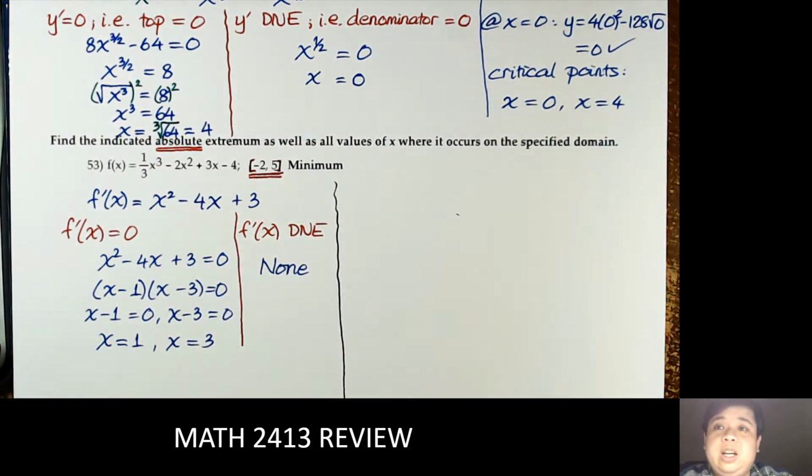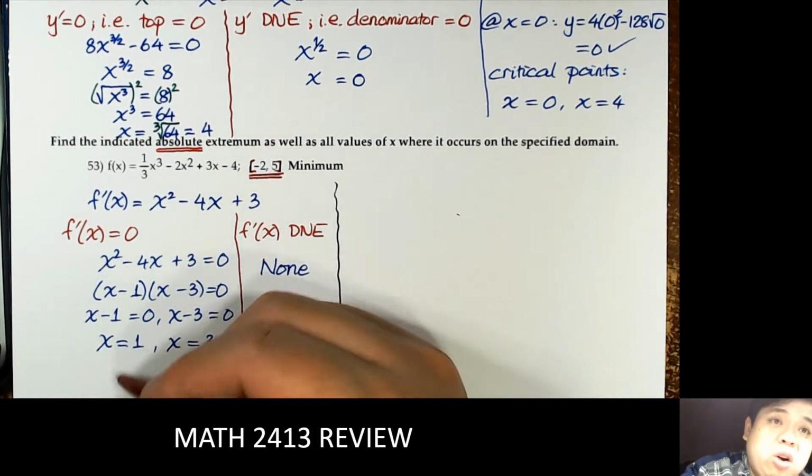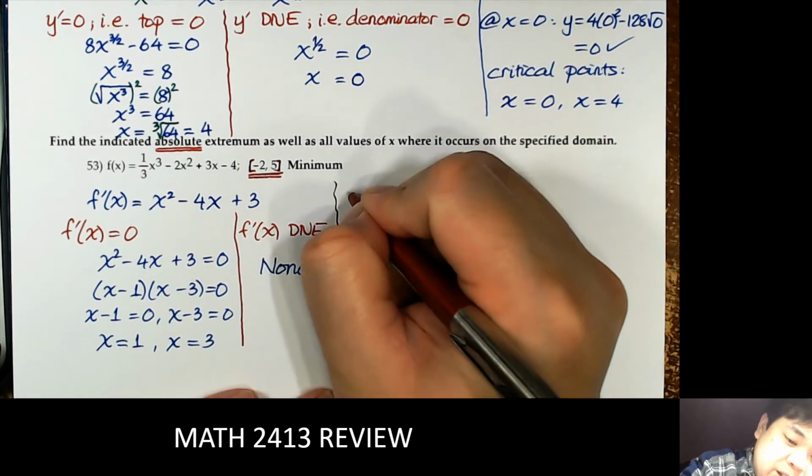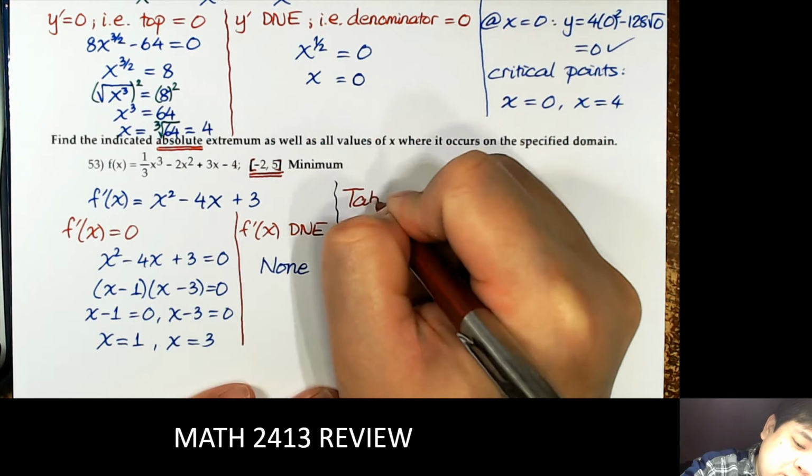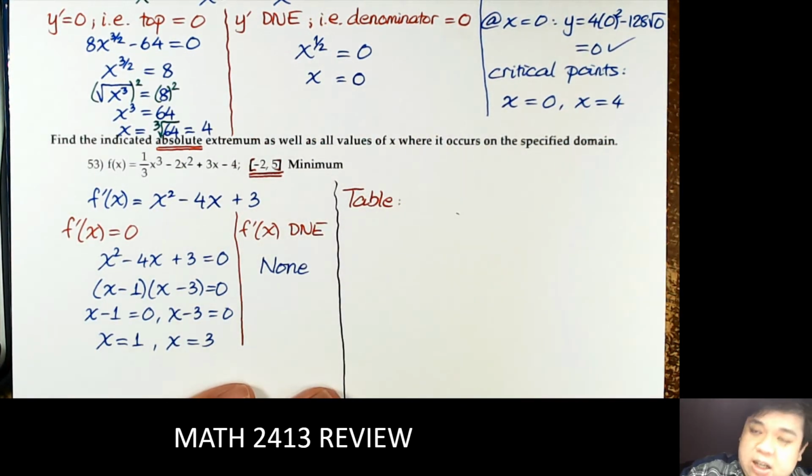We're going to put everything in the table, then we'll just test them. So we're going to test them anyway, so we don't have to check now. So next step, we go to the table. We're going to check it anyway.